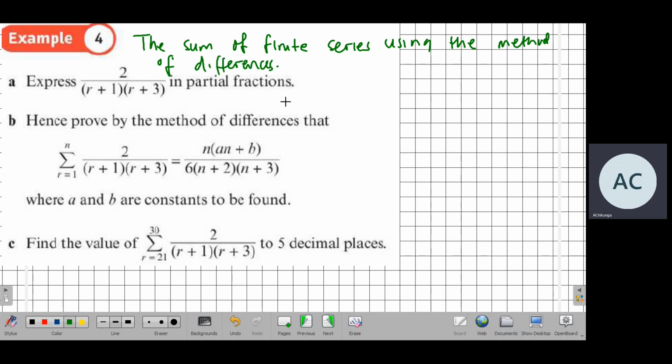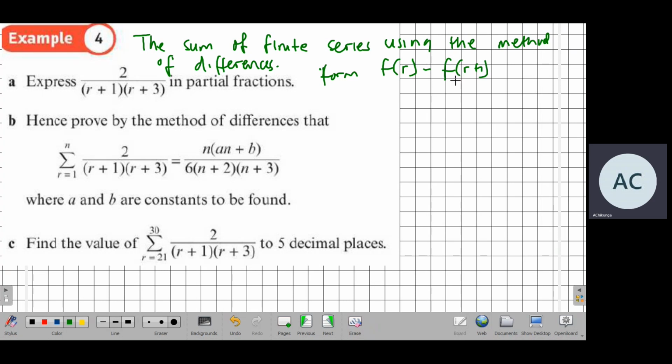Basically, you are saying we have got some series that can be expressed, say, in the form f of r minus f of r plus 1.